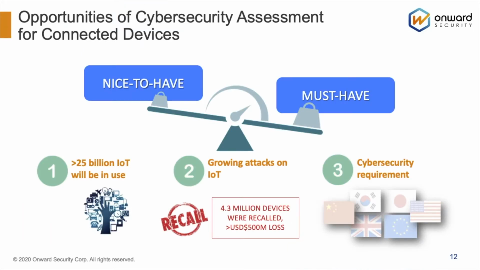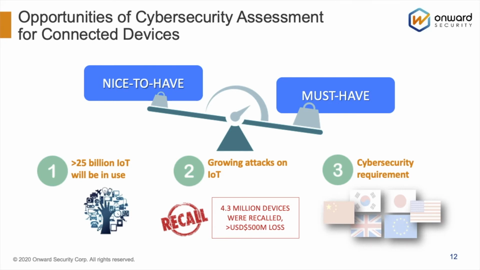For example, the Mirai malware used IoT devices to conduct DDoS attacks. So maybe 6 or 10 years ago, there were not too many IoT devices, and cybersecurity for connected or network devices was nice to have.